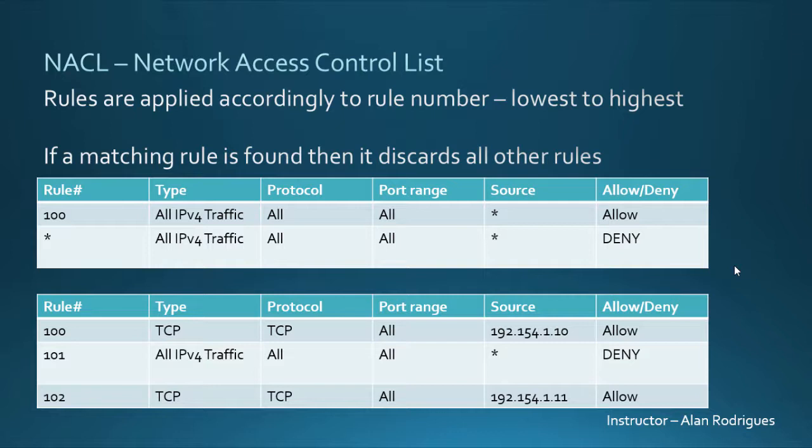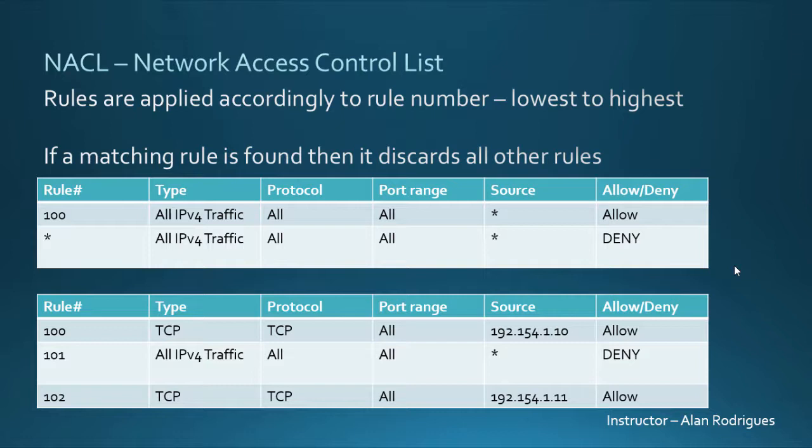Let's look at another example by looking at our second table. Our second table, in rule number 100, defines the protocol, which is TCP, on all port ranges, but from a particular source IP, 192.154.1.10.